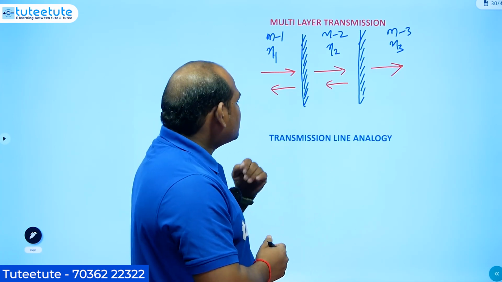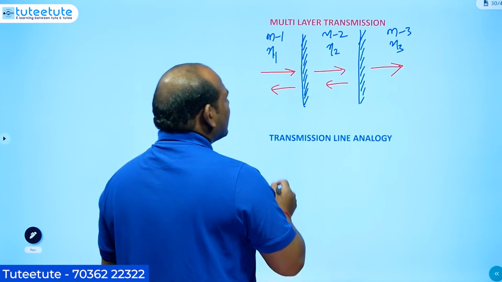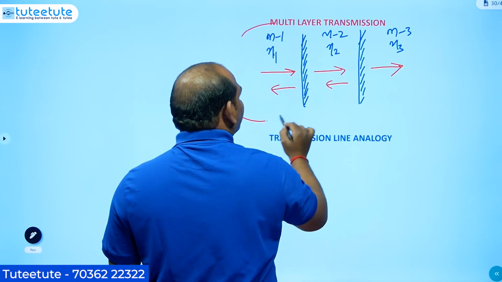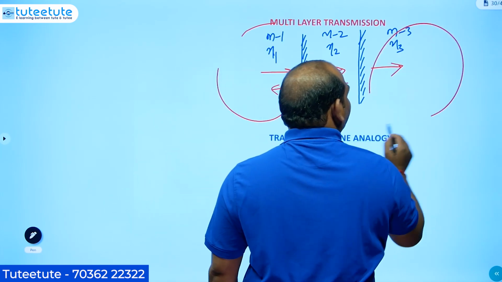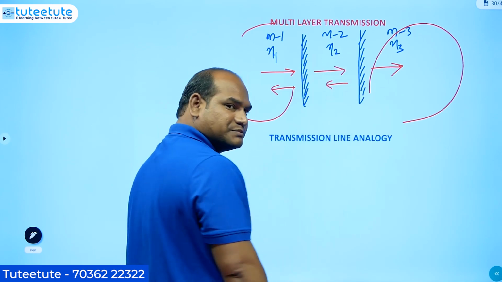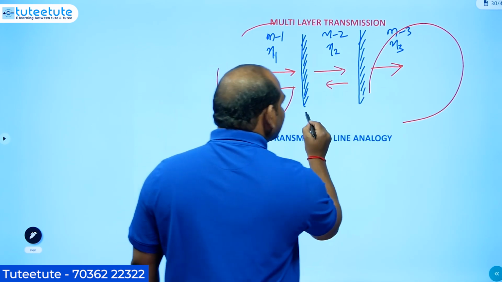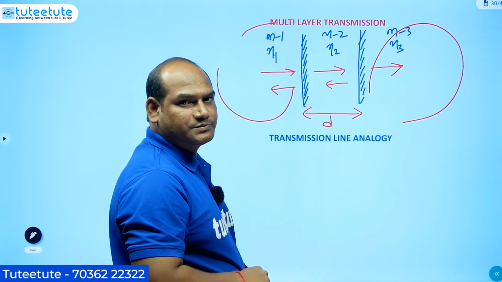For simple purposes, we will take transmission line analysis here. This is a semi-infinite medium, and this is also a semi-infinite medium. But this is the medium separating these two, and I am taking it as a finite length, its thickness being d.